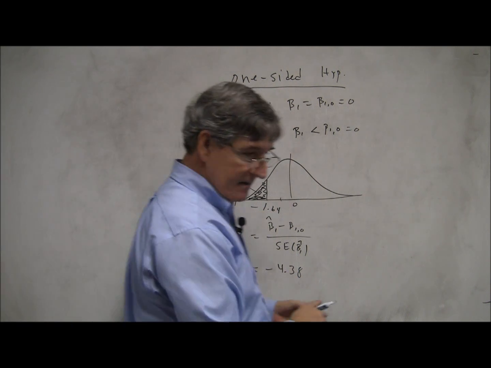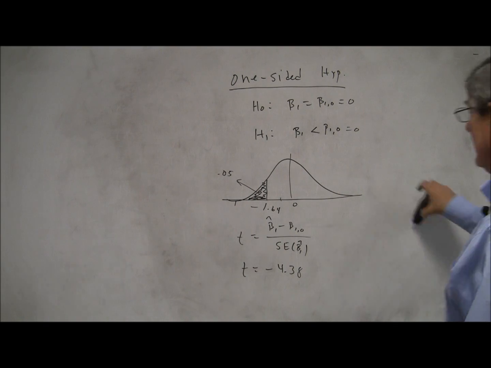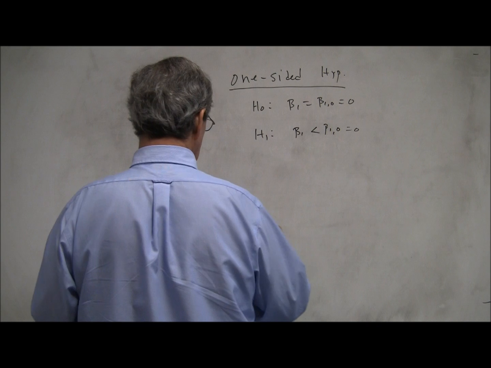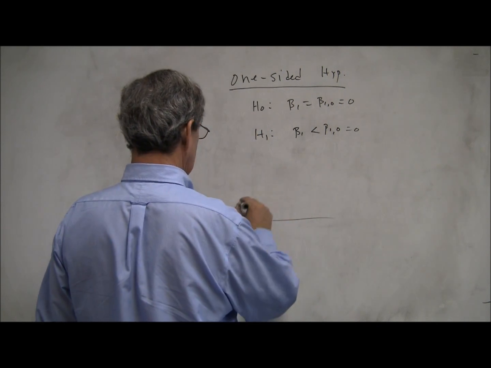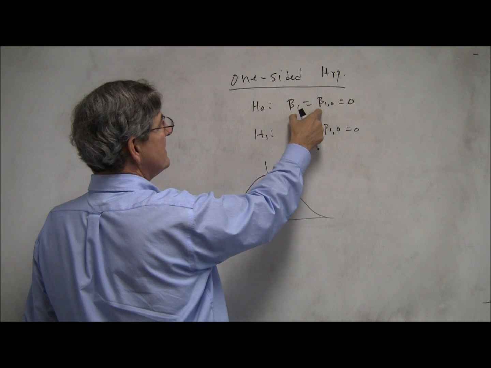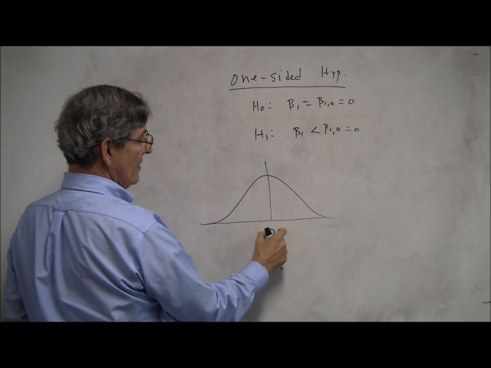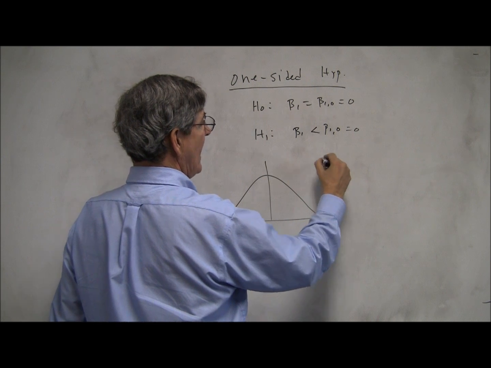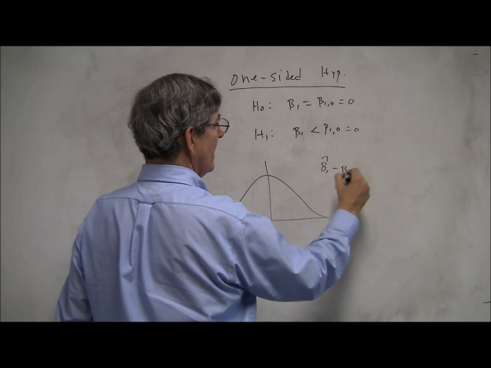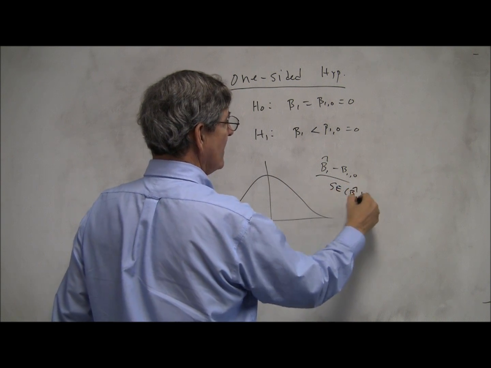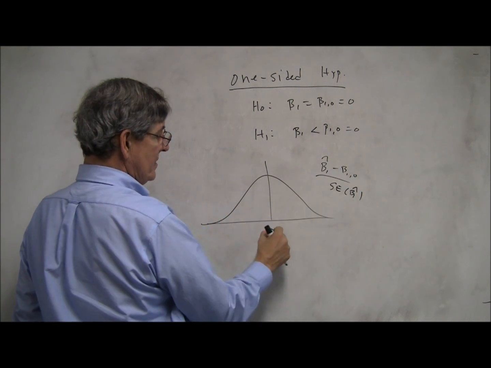See, in the two-tailed test, what we're saying is we're going to reject the hypothesis. Here's 0. Our null is that there's no difference between these. Our null is that we're close to 0. This is beta 1 hat minus beta 1 0 over the standard error of beta 1 hat. If the null's true, we're at 0.